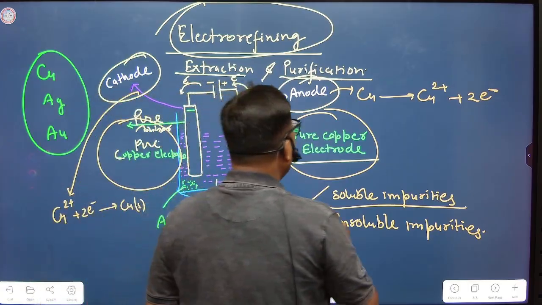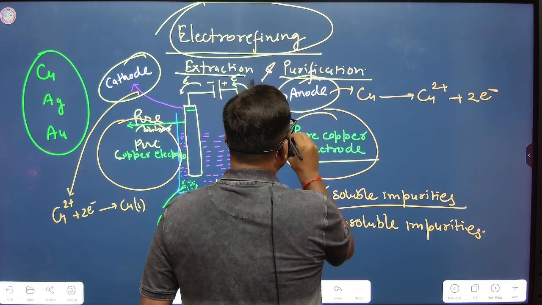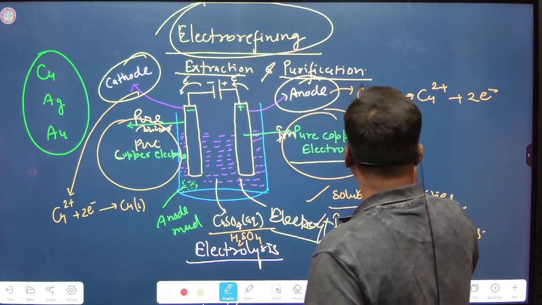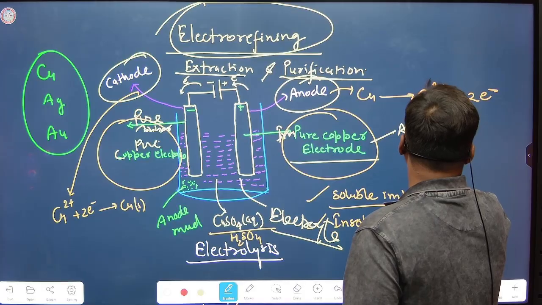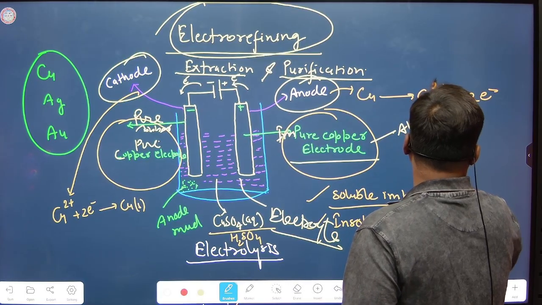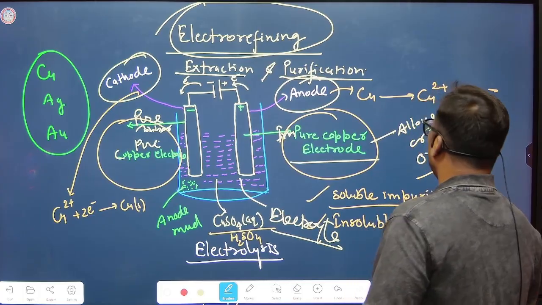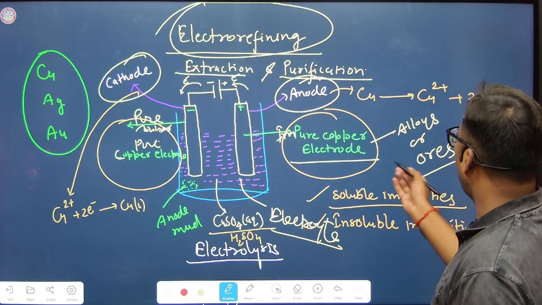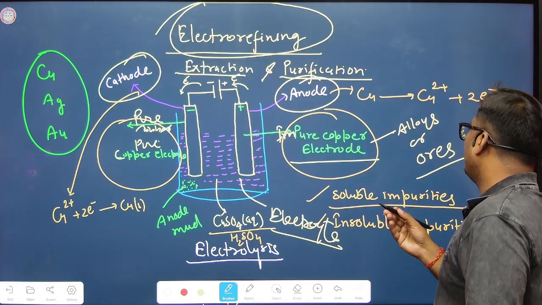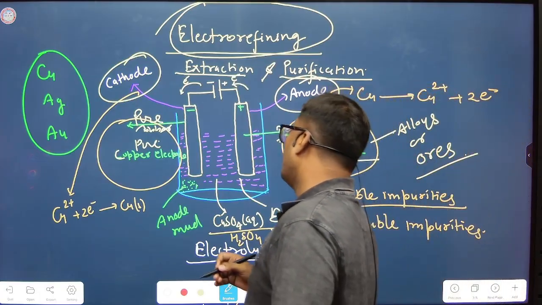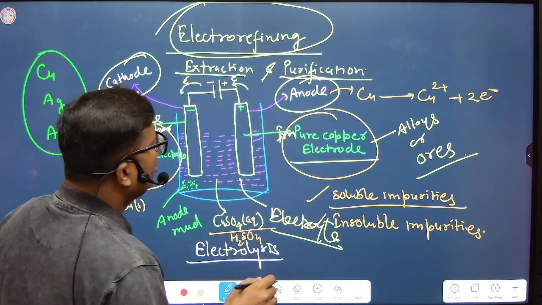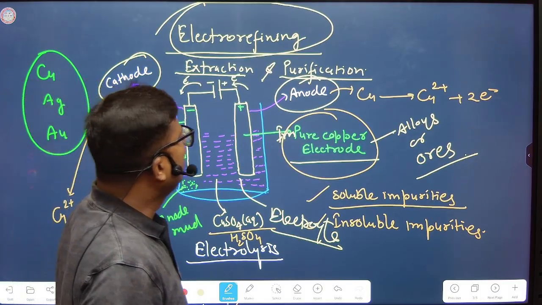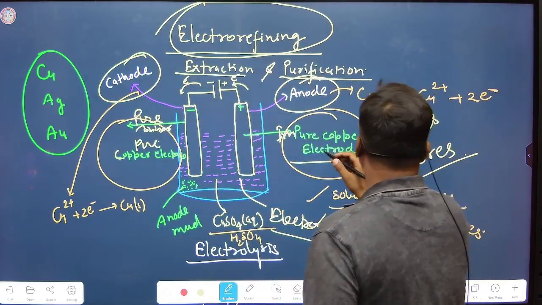And the anode is impure, right? Impure copper means it may be alloys or ores, which contain copper atoms, and apart from copper, other metals like lead, tin, iron, zinc, etc. can be constituents of the impure copper.